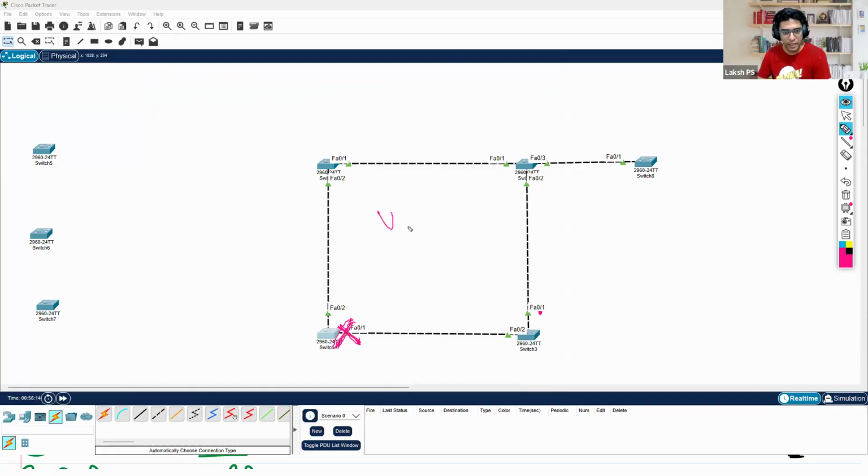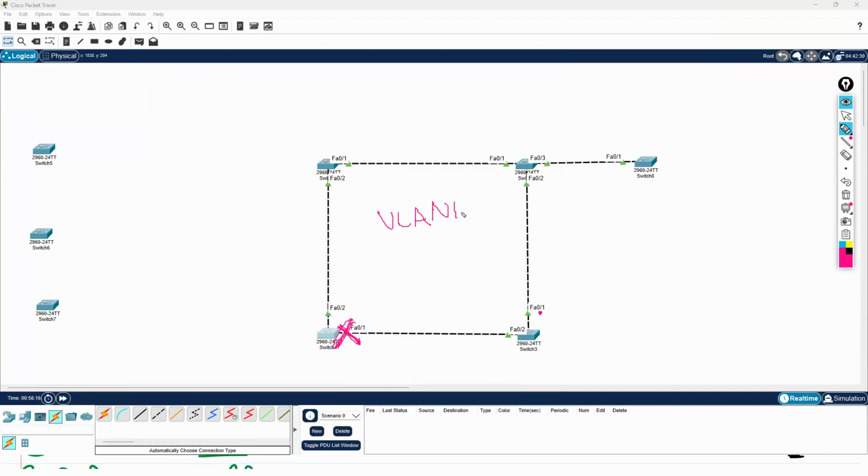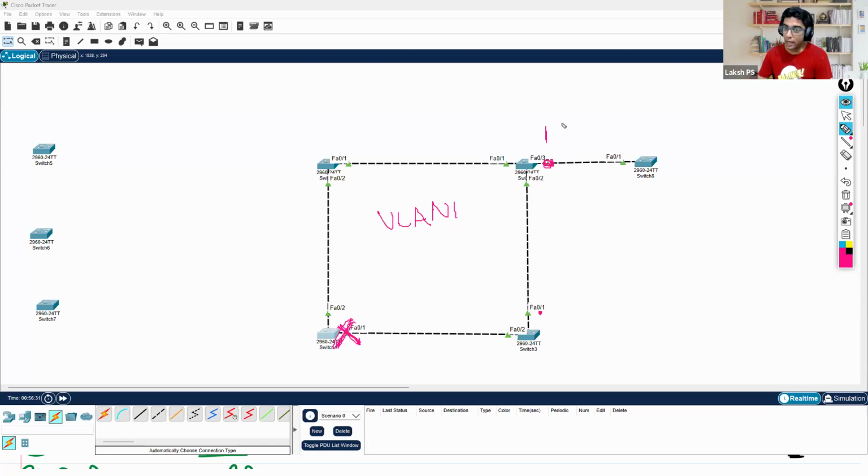For VLAN 1. But previously VLAN 10. Okay. Why VLAN 1? We are only seeing this change in VLAN 1. The reason is by default, all the interfaces are part of VLAN number 1. 0/3 is also part of VLAN number 1. I have not created this as a trunk.